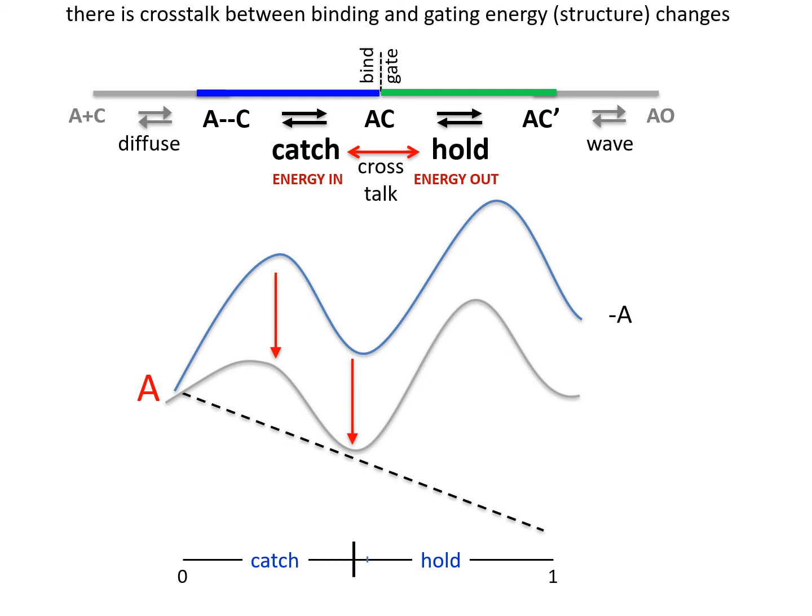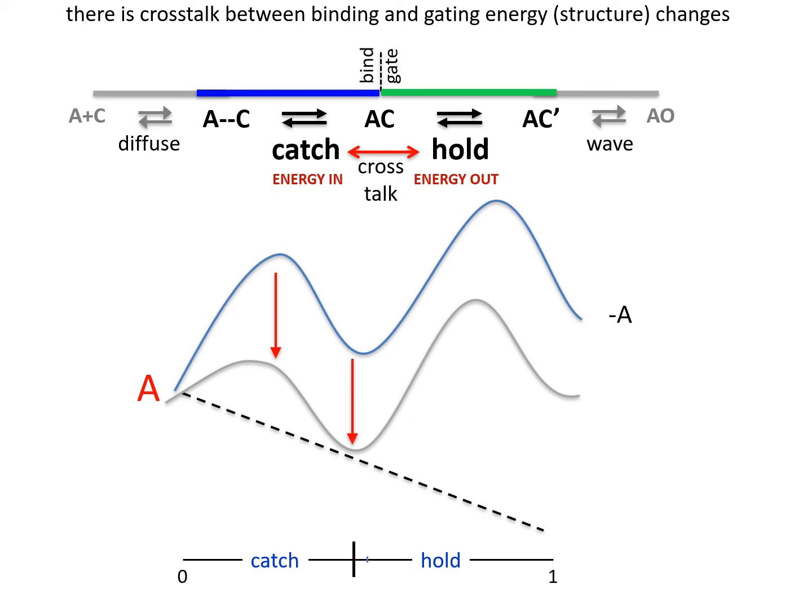But this is what the kinetic data is telling us, that agonists promote the catch conformational change. Now, perhaps the agonist resembles the transition state of the catch rearrangement, and that's why it promotes it. I don't know. But the agonist promotes catch.